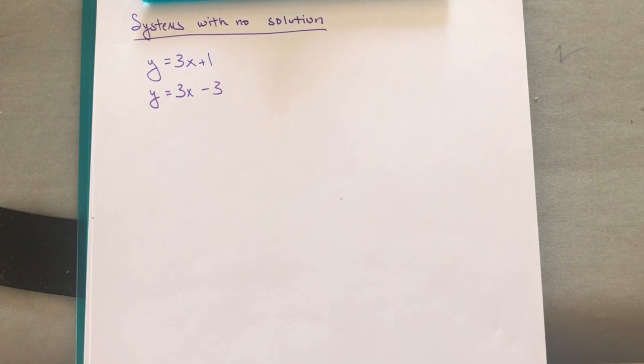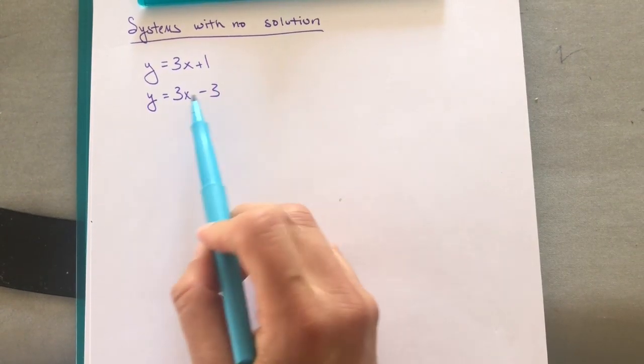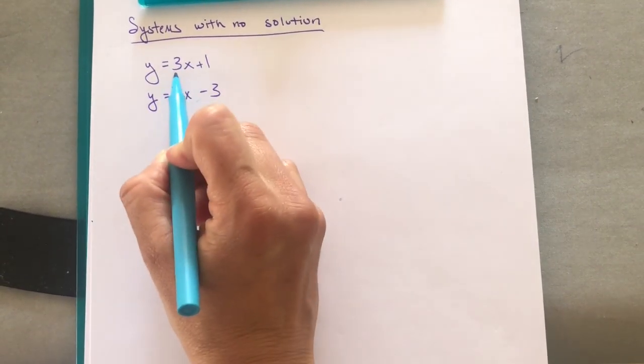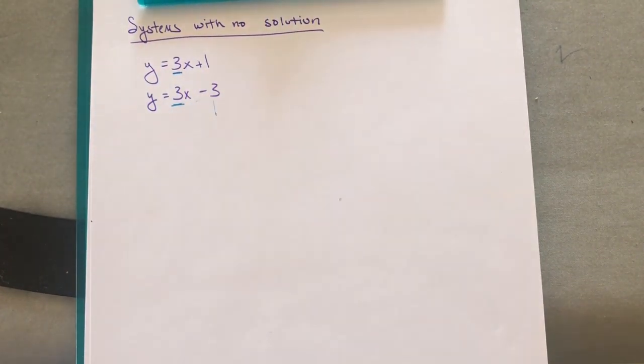So when we're looking at a system, what are some things that can help us determine that the lines would be parallel and therefore have no solution? So the first thing I can do is just look at the equations, and I can see that here, they're both in slope-intercept form. They both have a slope of 3, but a different y-intercept. So I could tell just by looking that those two equations do not have a solution as a system.